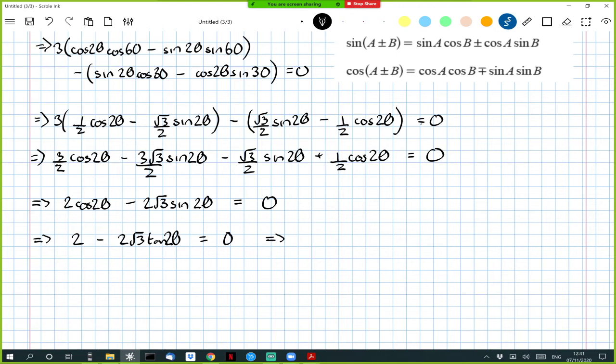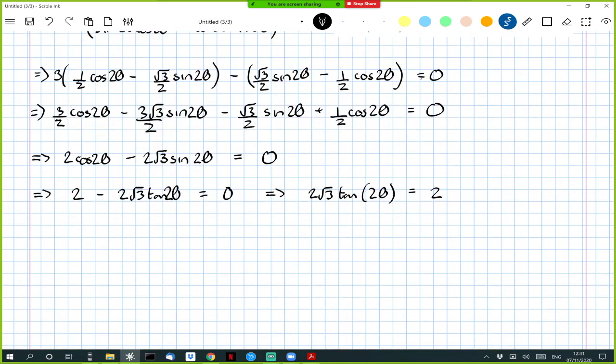Which means that 2 root 3 tan of 2 theta equals 2.